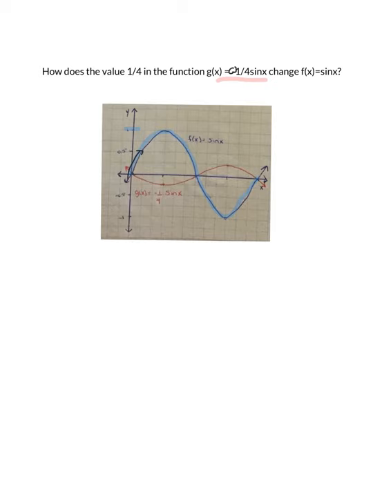So we're starting at 0, we're heading down to 1/4, back to 0, up to +1/4, and then back down to 0. So just to recap, the negative in my A value means that we have a reflection in the x-axis.